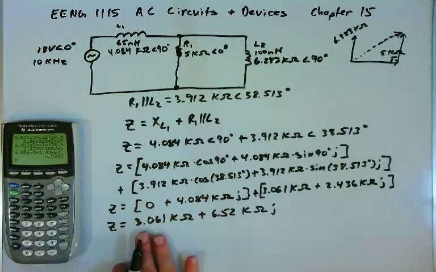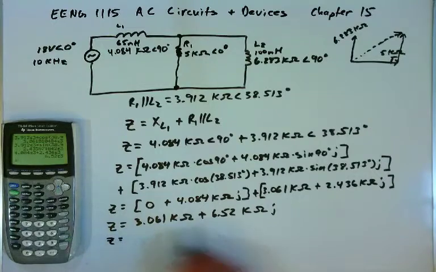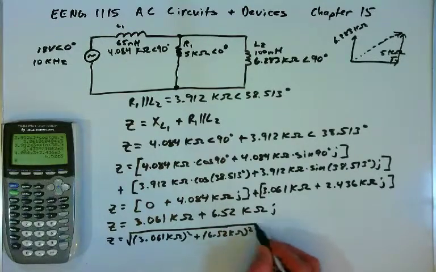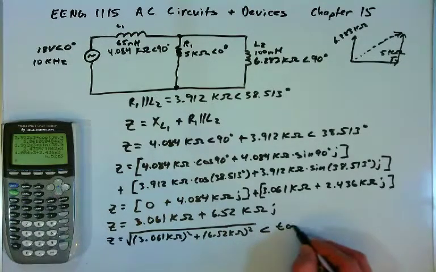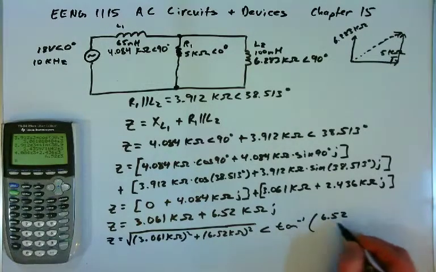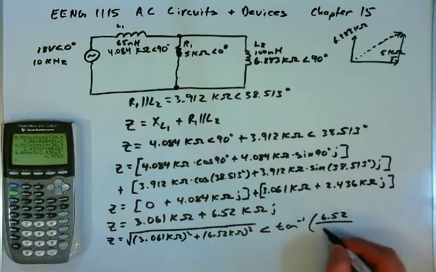When we divide the voltage by the impedance, we're going to want this to be in polar form. So the impedance will be, by the Pythagorean theorem, the square root of 3.061 kilo ohms squared plus 6.52 kilo ohms squared, at an angle of the inverse tangent of the y component, 6.52, divided by the x component, 3.061.